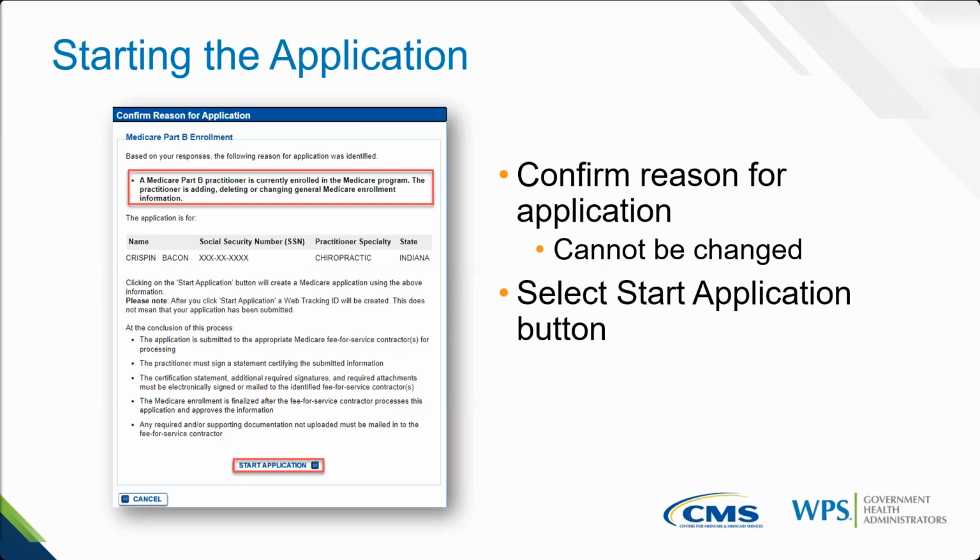So just make sure that that scenario makes sense for what you're trying to do before you hit that start application button, because at that point you might run into some challenges. That questionnaire, it's quick, it's simple, but it is super, super important to whether or not you'll be able to successfully submit this electronically.